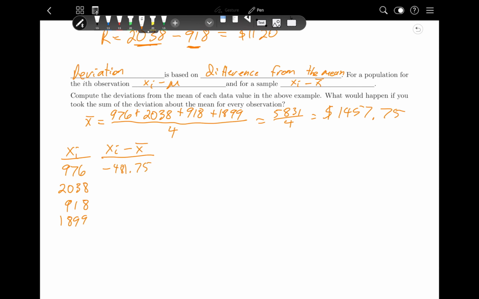Then we take 2,038 minus 1,457.75, and I get $580.25. Notice, for each one of these, I'm taking x sub i minus the mean. So if your data value is less than the mean, you get a negative deviation. If it's more than that, you get a positive deviation. Then we get negative 539.75.